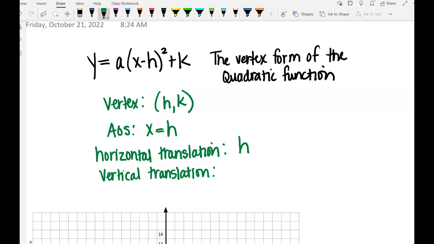All right, go ahead and hold your boards up. All right, we did better this time. I'm seeing mostly K's. K is my vertical translation.